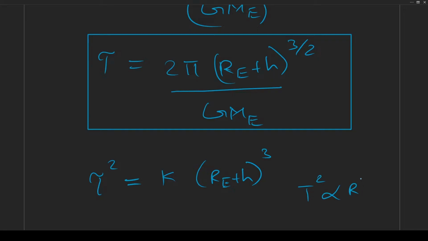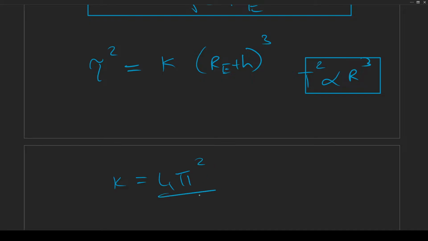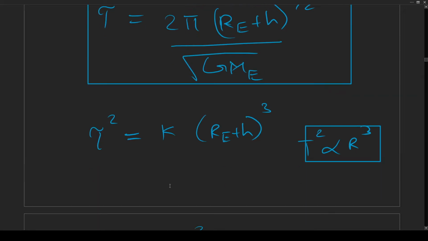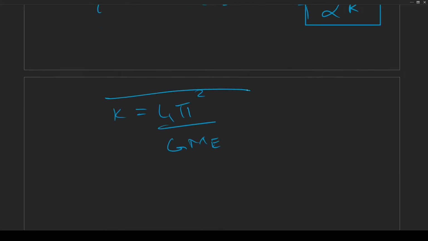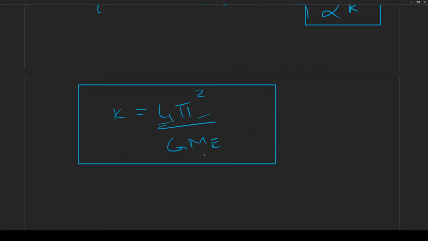T square is directly proportional to r cube. That is Kepler's third law. Here k is the remaining things which are not mentioned here, k equals 4 pi square by GME. This is the k value. It's a constant basically, because 4 is constant, pi is constant, the universal gravitational constant and the mass of Earth are obviously constant.